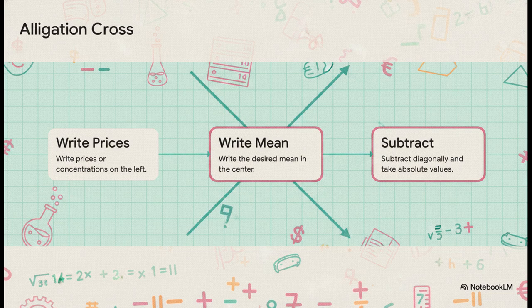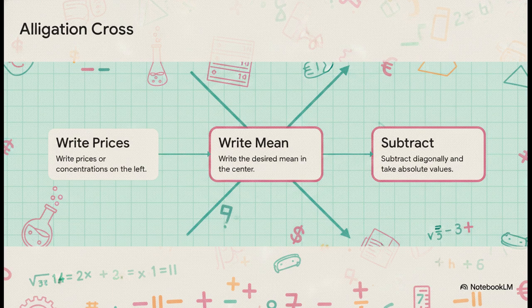So let's forget the algebraic formulas entirely. This is a totally visual way to solve these problems, and here's exactly how it works. Step 1, jot down your two initial prices or concentrations stacked vertically. Step 2, write your desired mean, that target mixture you're trying to hit, right in the center. Step 3, imagine a large X going through that center mean and subtract diagonally along the lines of that X. Now here is the absolute crucial part.